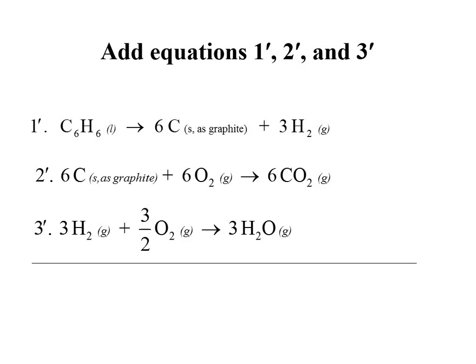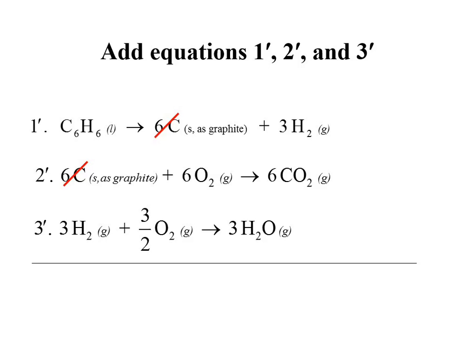So for instance, and again, I wish the reaction arrows all lined up, but can you see carbon? I have 6 carbons produced in my 1 prime, and I have 6 carbons consumed in my 2 prime. Those both go away. We could bring them down and then cancel them at the end.